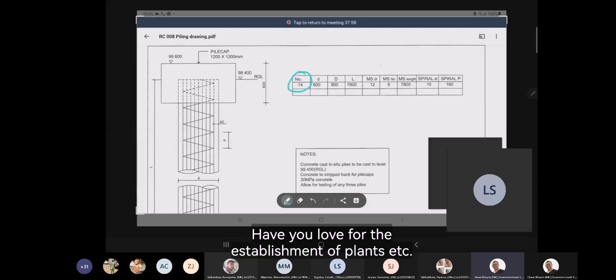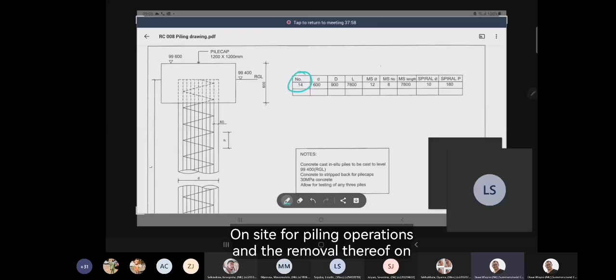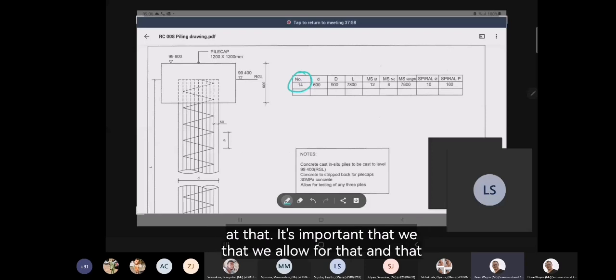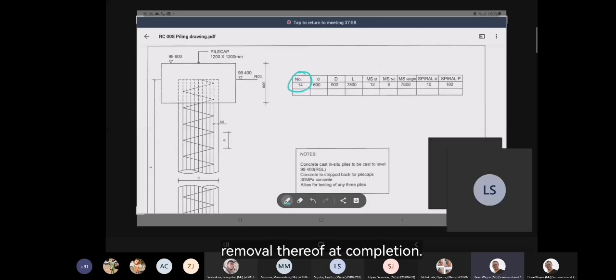And we allow for the establishment of plant, etc., on site for piling operations, and the removal thereof on completion. Remember I said that we measure that as an item, and it's important that we allow for it. We also allow for the subsequent establishment of plant on site for the testing of piles and the removal thereof at completion. So, what are we saying?